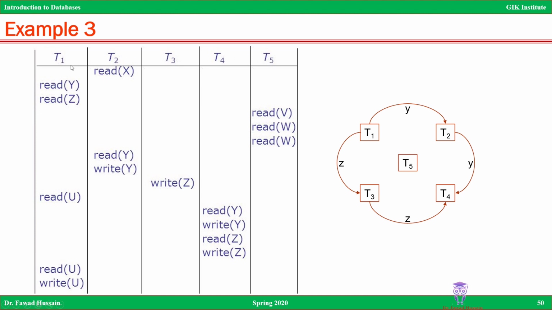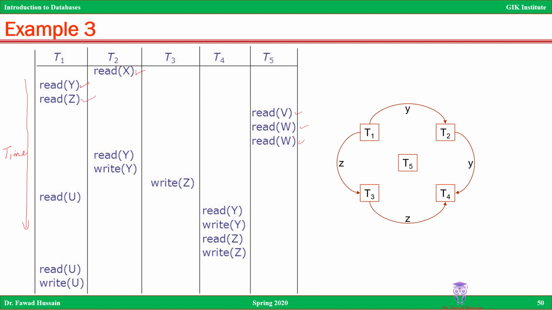Now let's move on to another example, and we see over here we have 5 different transactions. Let's start with the timeline again. This here is the time. If I have a read X, no problem. Read Y, no problem. Read Z, no problem.